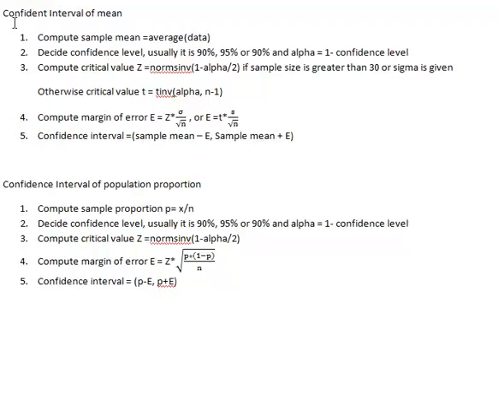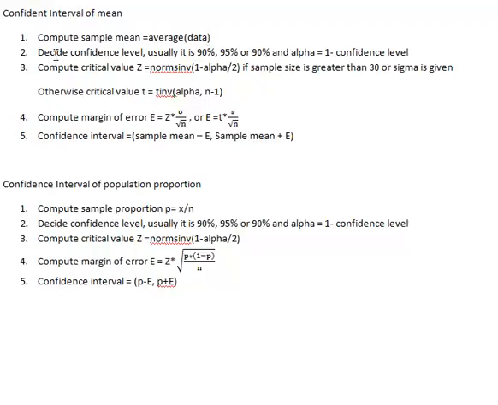So, the confidence interval for mean. First step, we want to compute the sample mean. Sample mean sometimes is given. If we have the data, then the sample mean will be equal to the function AVERAGE, and then put all the data inside parentheses.